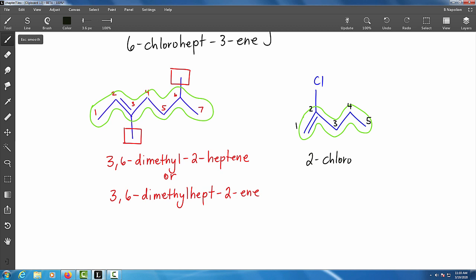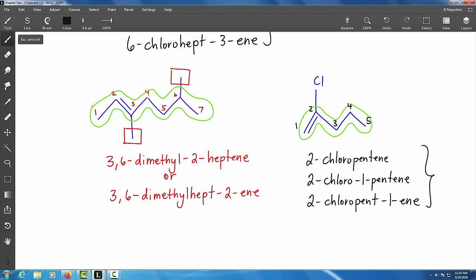And since the double bond is on number 1, I can omit the 1 in 1-pentene if I wish and just call this pentene. You can say 2-chloro-1-pentene, or you can say 2-chloropent-1-ene. So all of these are acceptable notations for this molecule.